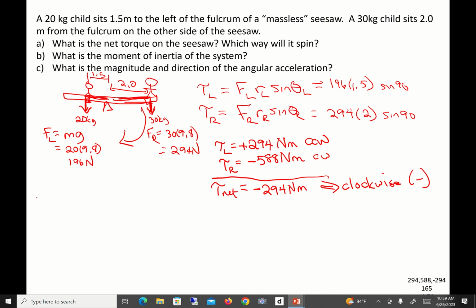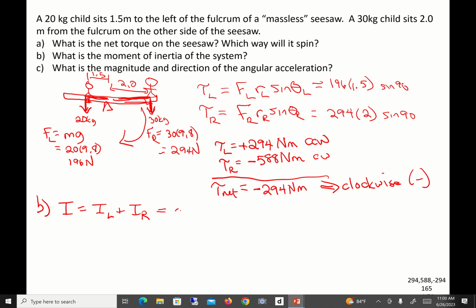All right, what's the moment of inertia for the system? Well, the moment of inertia is going to be the moment of inertia for the kid on the left plus the moment of inertia for the kid on the right. Since they told us the seesaw had no mass, we'll assume that the seesaw has no moment of inertia. So what's our equation? I is just mr squared.